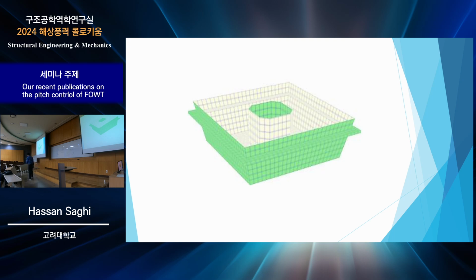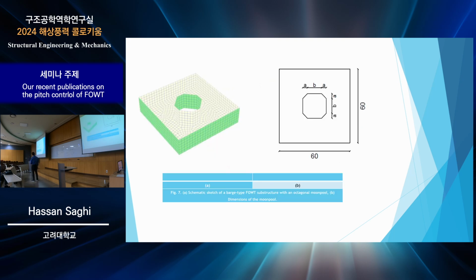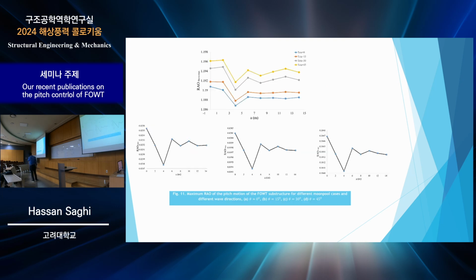In the first step, we modeled a square barge, a simple barge with an octagonal neutral, so that the total area of the barge was constant. So we can find different cases, and we compare different cases based on the RAO of heave and pitch.